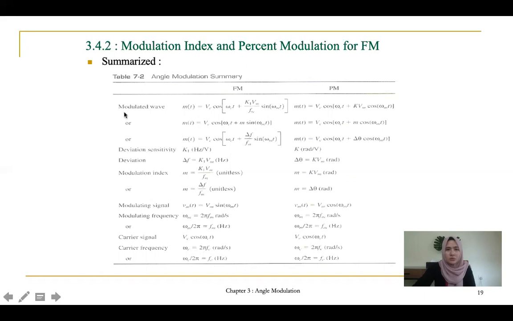This one is the modulated wave output signal for FM and PM. Then you have the deviation sensitivity equation, and this is the equation for modulation index, and so on. Most probably it will be given in your final exam, not in your quiz.